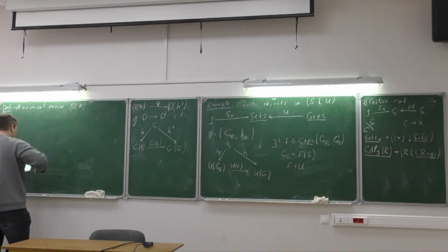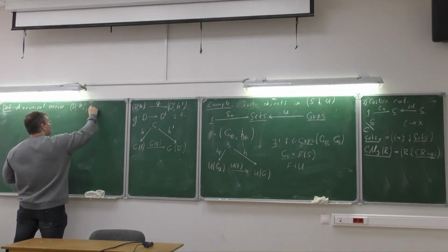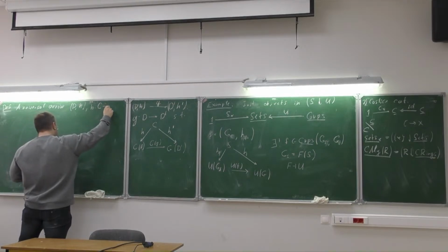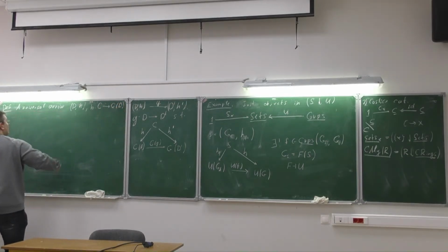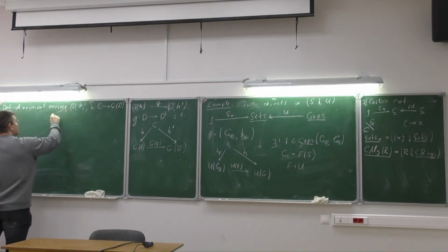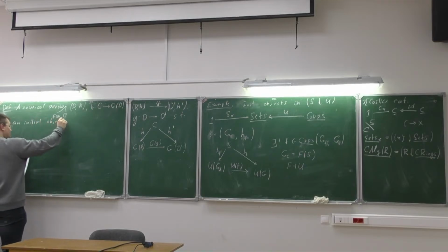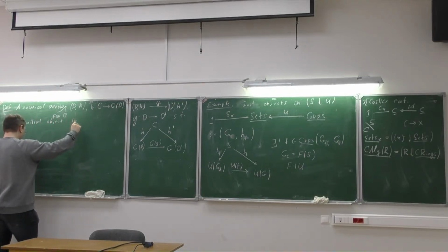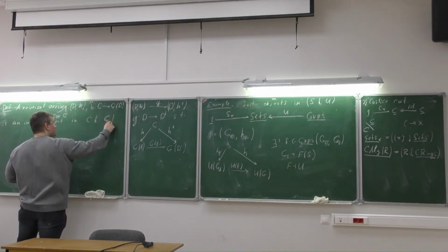Well, it's in fact just an object in the comma category, so it's a pair D and H, where H is a map from C to G of D. So you can say that this is a universal arrow, say, for the functor G. So it is an initial object in the comma category C arrow G.